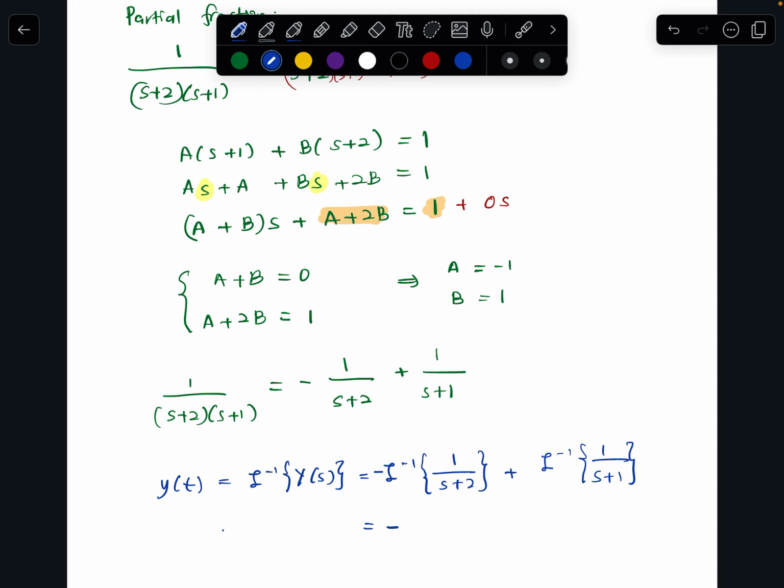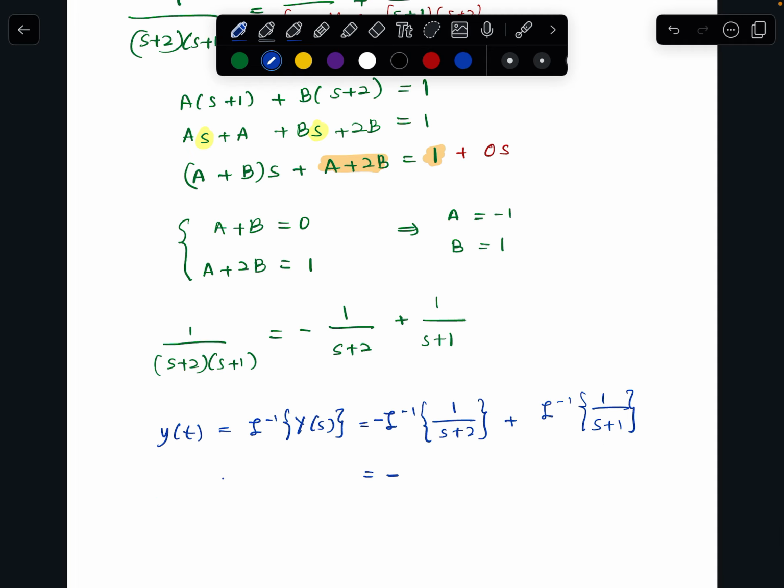We can solve this by referring to the table of Laplace transform. We must refer to this e to the power of negative at. The Laplace transform is 1 over s plus a. Now your a is 2, so the first term is e to the negative 2t.